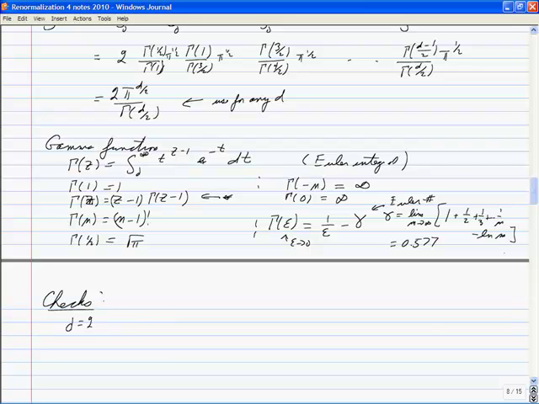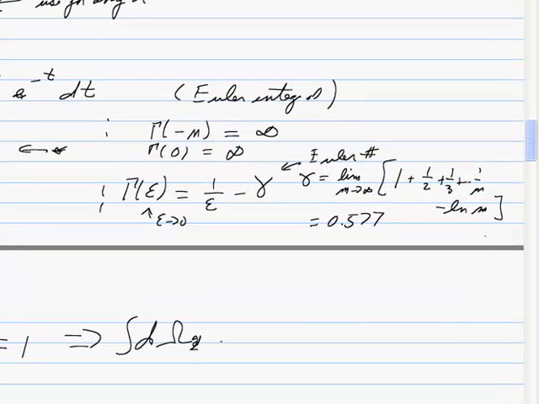Then we have gamma of d over 2, which is gamma of 1, is 1, which implies the integral d omega in 2 dimensions is 2 times pi. So that works.